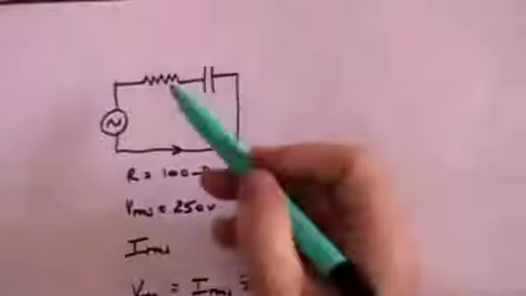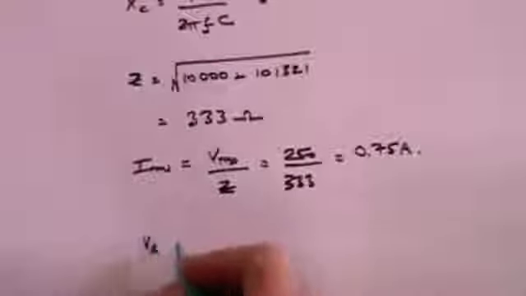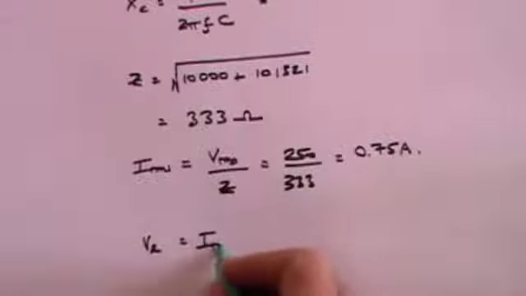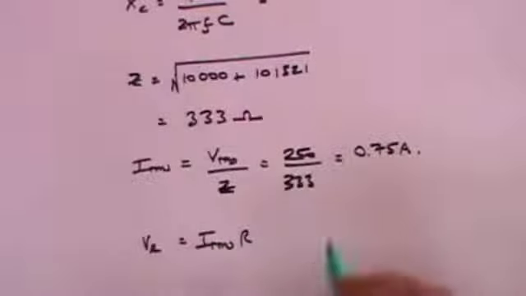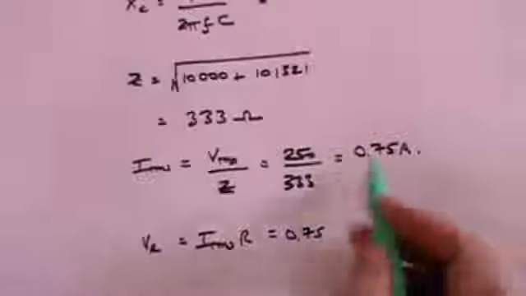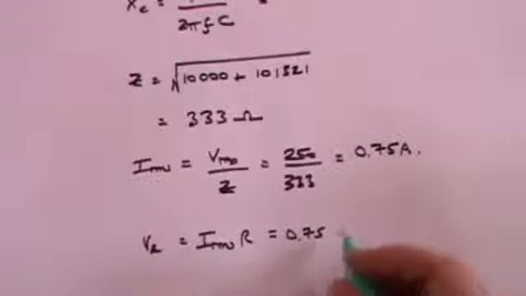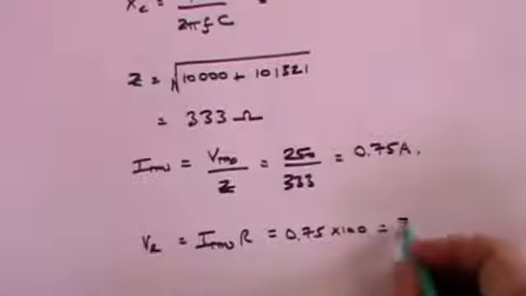But let's just go a little bit further and think about the voltage across the resistance. Well, the voltage across the resistance will simply be the root mean square current times the value of the resistance. Well, that's 0.75, the current we just calculated, times 100 ohms, because that's the value of the resistance, and that's 75 volts.